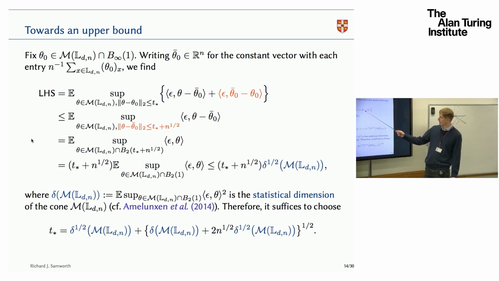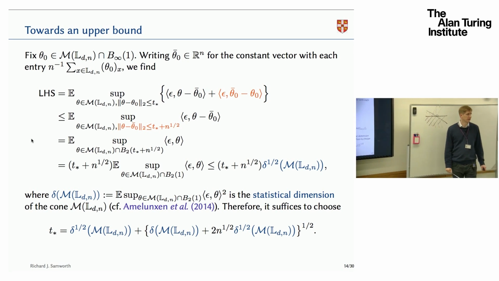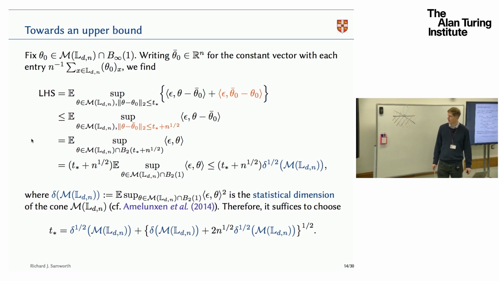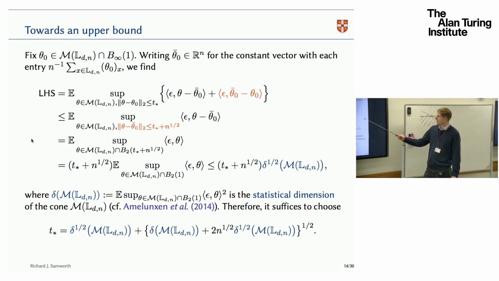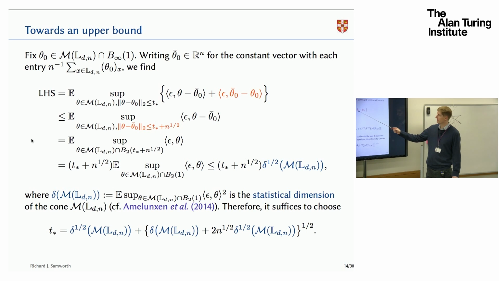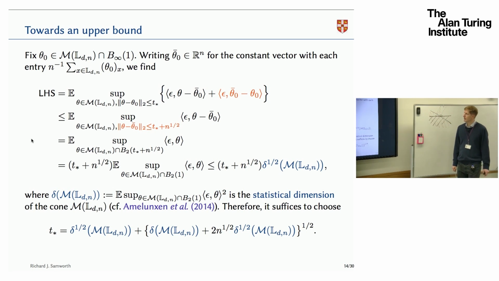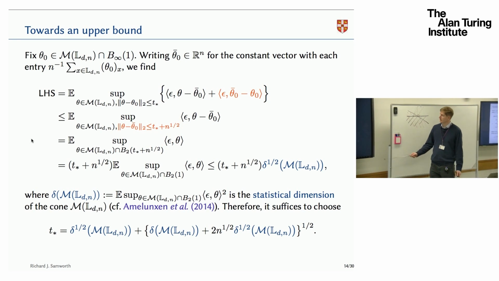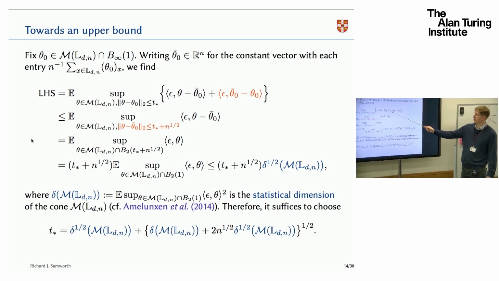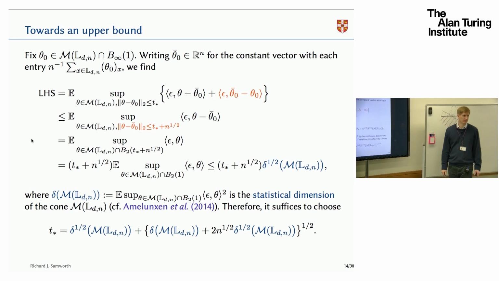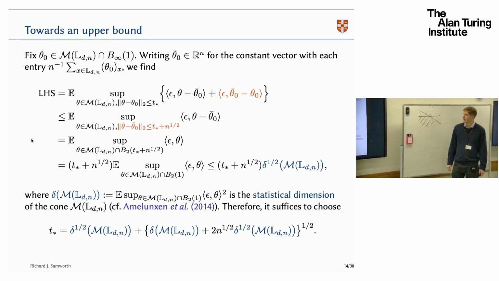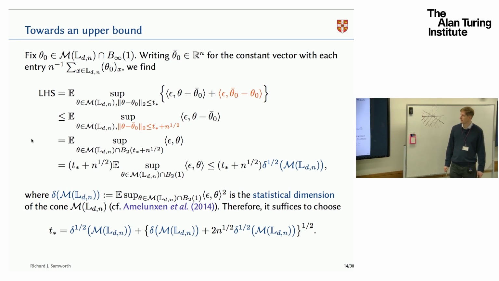I'm going to decompose this in a very obvious way by subtracting and adding theta 0 bar. But then I notice that this term doesn't have any dependence on theta, so I can pull it out of the supremum. And moreover, the expectation of this term is 0, because the expectation of epsilon is 0. So I can forget about that term.